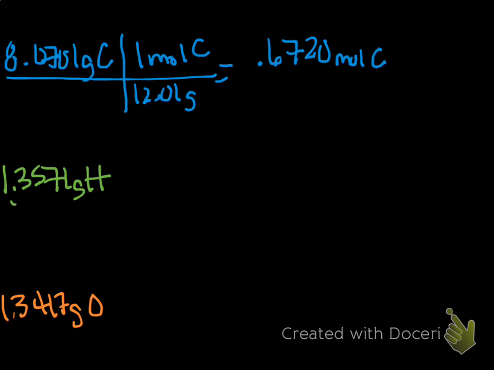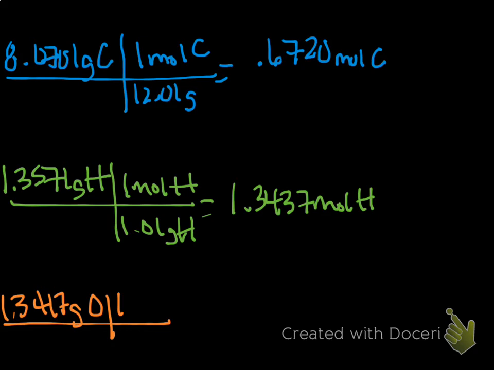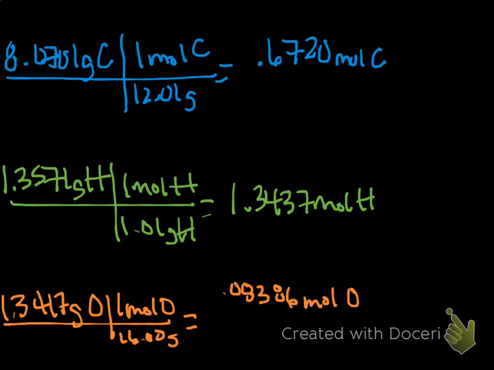So for hydrogen, for every 1 mole of hydrogen, I have 1.01 grams of hydrogen. So for this one I end up with 1.3437 moles of H. And then for my last one, I have oxygen. So for every 1 mole of O, I have 16 grams. So I end up with 0.08386 moles of O. Okay, so these are my mole ratios, but I need to have lowest whole number ratios.